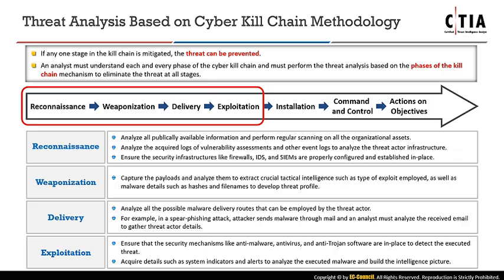So number one, we have reconnaissance. In reconnaissance, we're going to see that there's an analysis made on information, and we're going to usually see this happening in terms of scanning, looking at all the organizational assets, and get information on vulnerabilities, like for instance doing vulnerability assessments. There are many different scans.